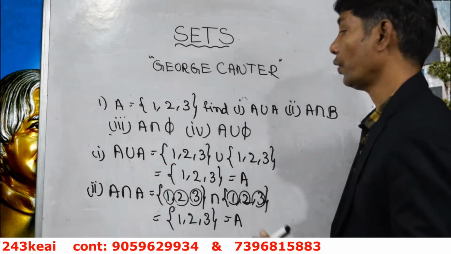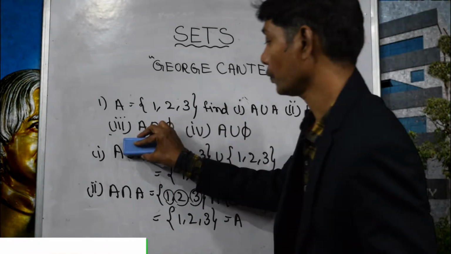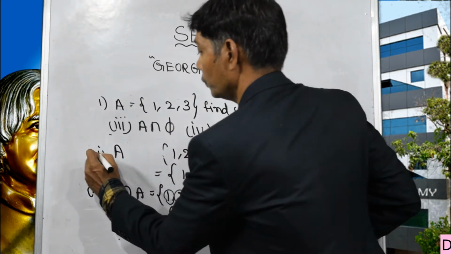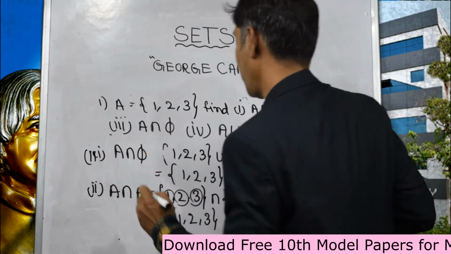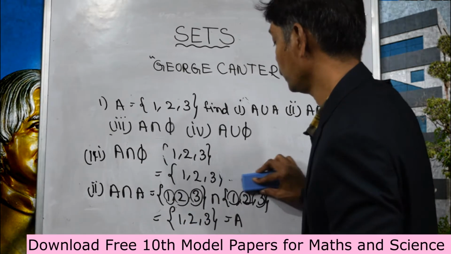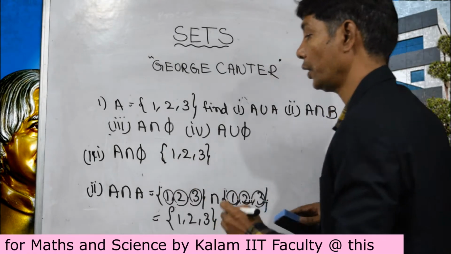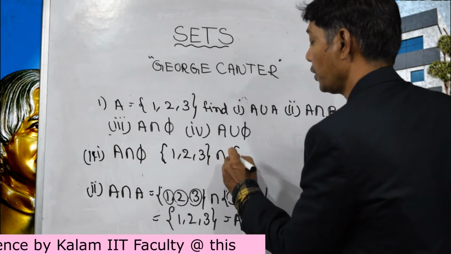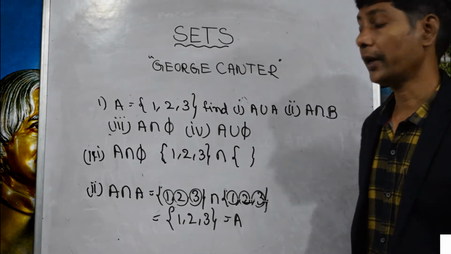Now you go for the third one, A intersection phi. A means 1, 2, 3. Intersection phi means empty bracket.